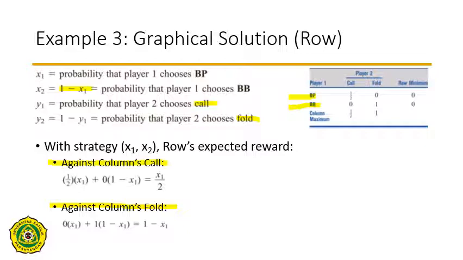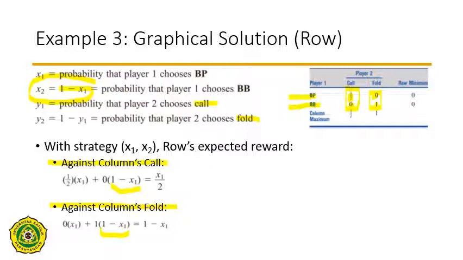If the column player plays call, then the reward for player 1 is half times x1 plus 0 times x2, and x2 is 1 minus x1. If player 2 plays fold, then the reward for the first player is 0 times x1 plus 1 times x2, and this is x2 because x2 equals 1 minus x1.